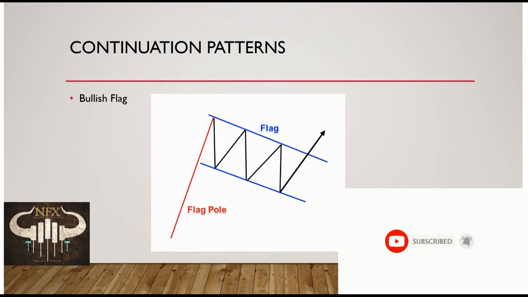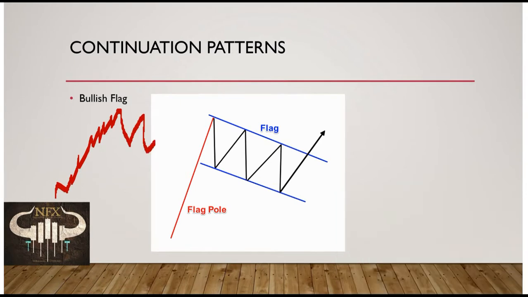The market will be in a bullish direction, and then it'll form a flag-like pattern where you'll have your resistance and your support trend line. If the market is bullish and the bullish flag is forming, you're looking for buying opportunities, because this is a continuation pattern indicating that the market will continue going in its bullish direction. So those are bullish flags.